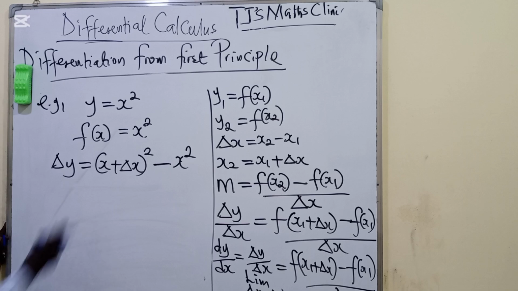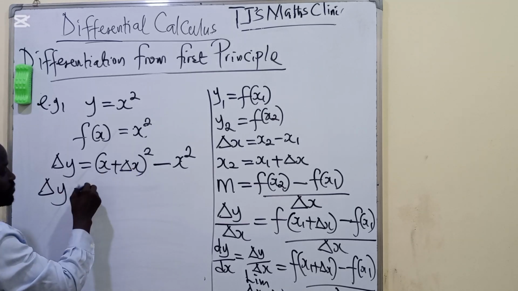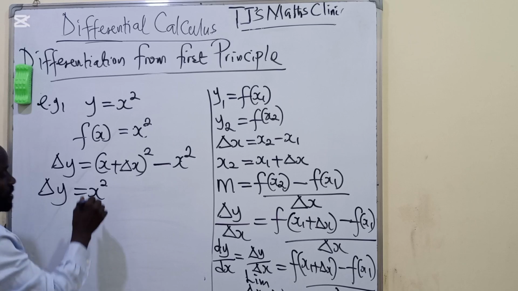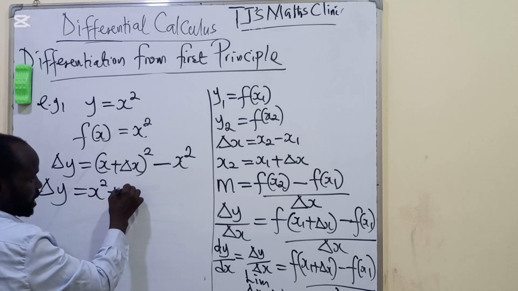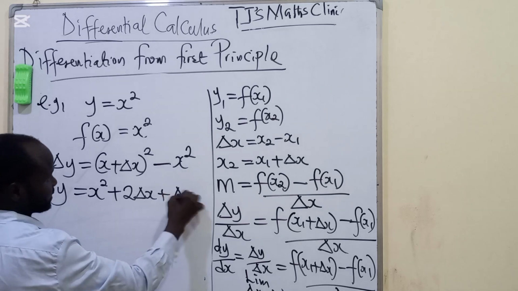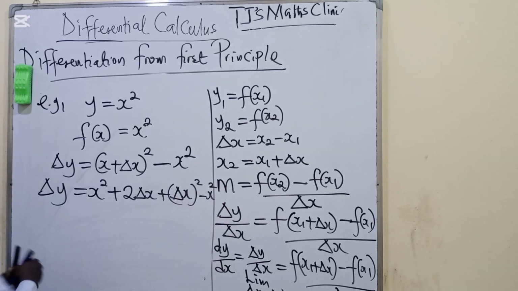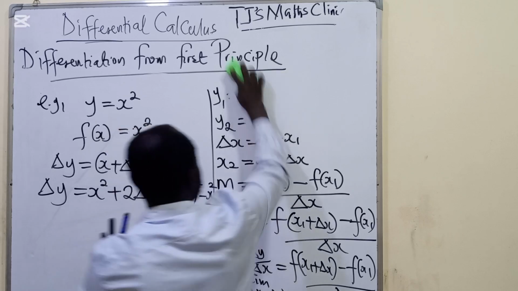Very important. Let's expand this. The change in y will be equal to, if we expand this, x squared plus 2x delta x plus delta x all squared, minus x squared. Let me do the expansion here.